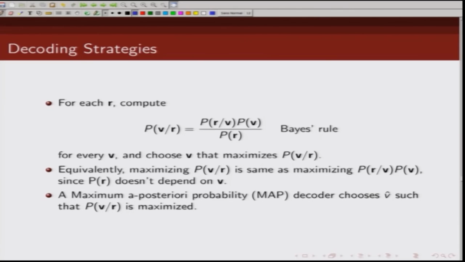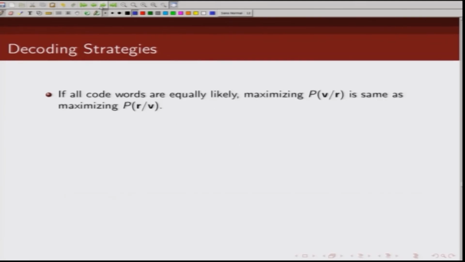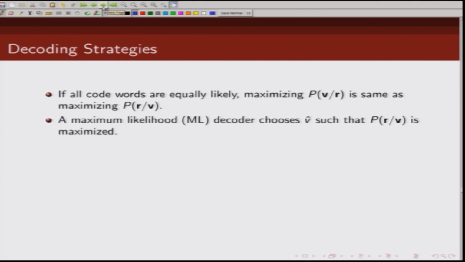In that case, maximizing the probability of V given R is the same as maximizing the probability of R given V. So, if all code words are equally likely, then maximizing the probability of V given R is the same as maximizing this likelihood function, p of R given V. A maximum likelihood decoder is the one which chooses V hat such that this quantity is maximized.